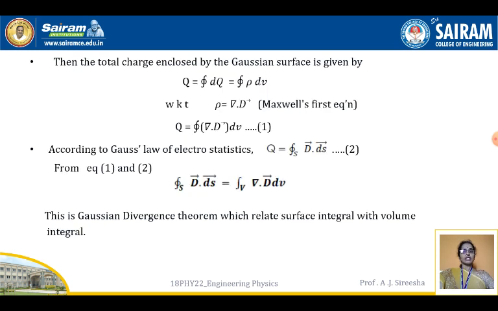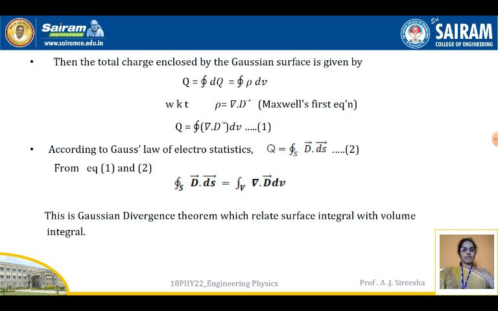Then the total charge enclosed by the Gaussian surface is given by capital Q. Capital Q is the charge enclosed over the closed surface. So capital Q is equal to integral of dq, that is integral of rho dV, because we came to know that dq is equal to rho dV. According to Maxwell's first equation, rho is equal to del dot D, or divergence of D is equal to rho.